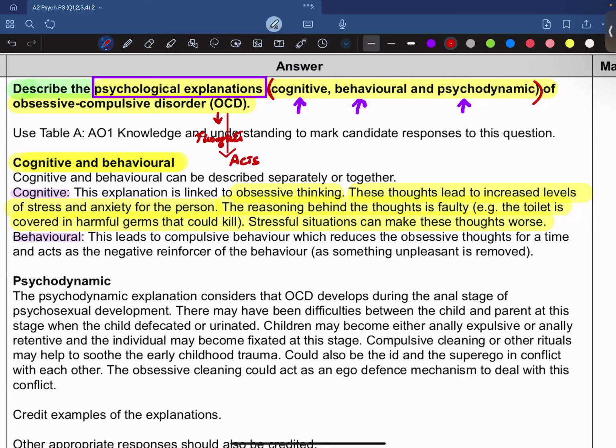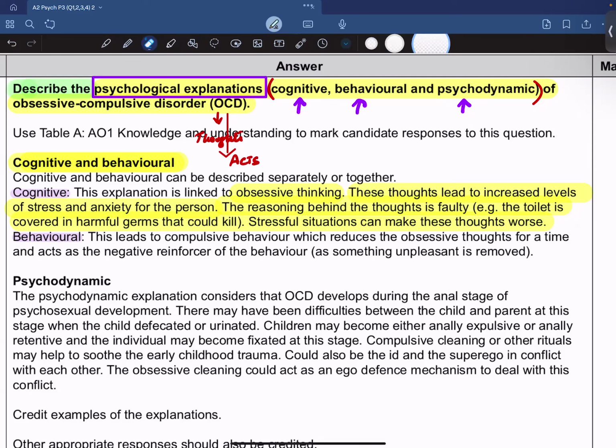So, your obsessions are your thoughts, your cognitions are your thoughts. We're talking about your thinking process. These thoughts lead to increased levels of stress and anxiety for the person. The reasoning behind the thought is faulty, right? Example, the toilet is covered in harmful germs that could kill. Stressful situations can make these thoughts even worse.